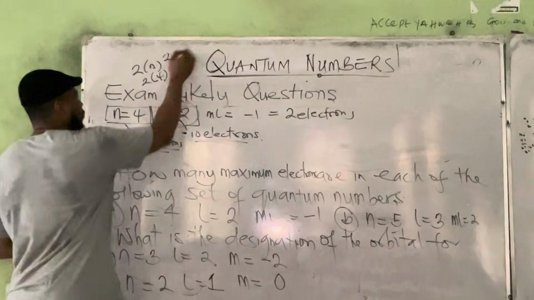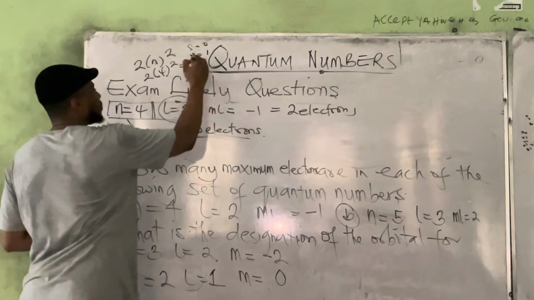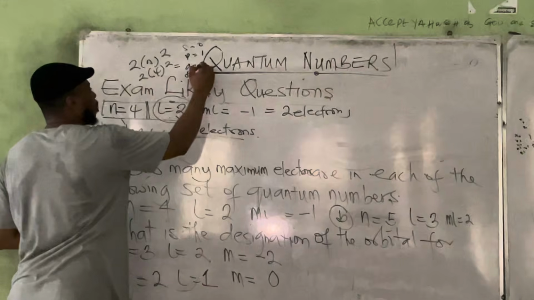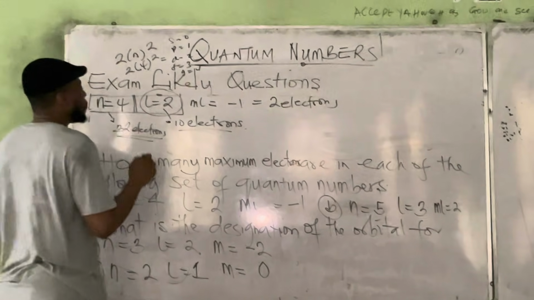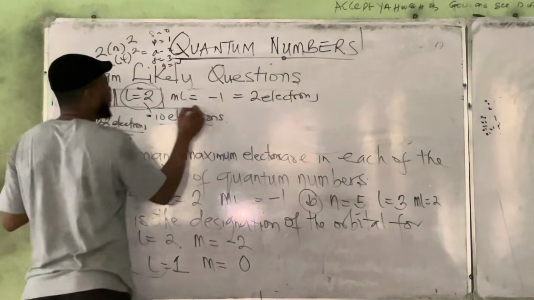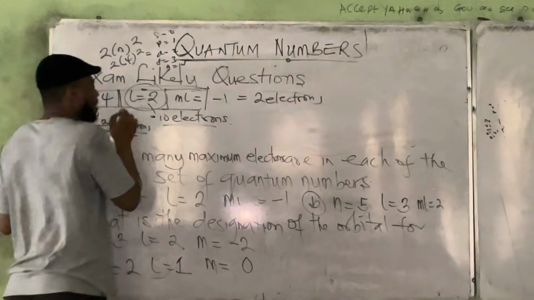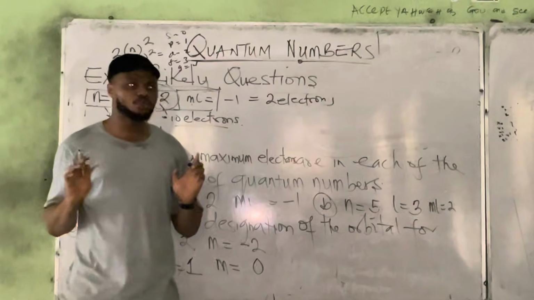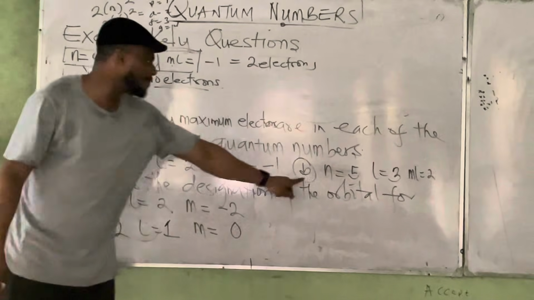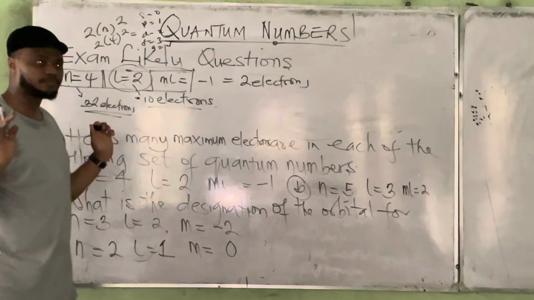S is 0, P is 1, D is 2, F is 3, then G is 4, right? Good. But if they give you n, l, and ml, you consider the last one, and it will always be 2 electrons. So our B is also 2 electrons.